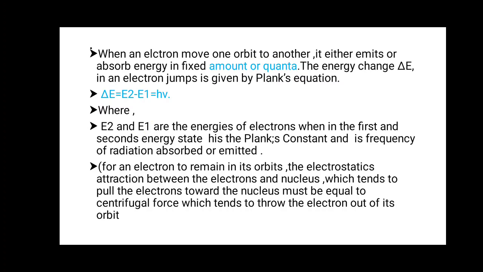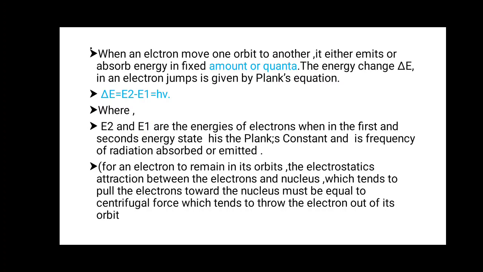For an electron to remain in its orbit, the electrostatic attraction between the electron and nucleus, which tends to pull the electron toward the nucleus, must be equal to the centrifugal force, which tends to throw the electron out of its orbit.